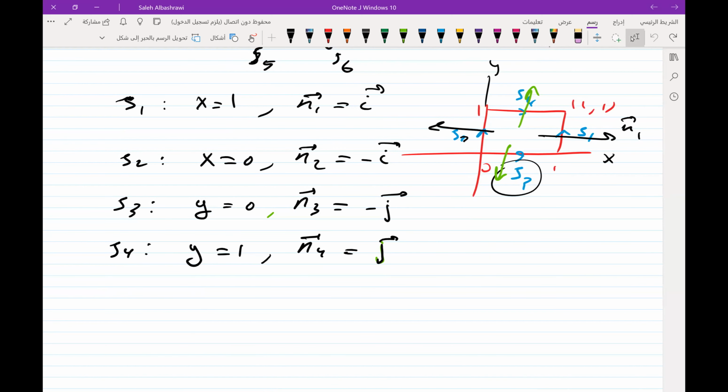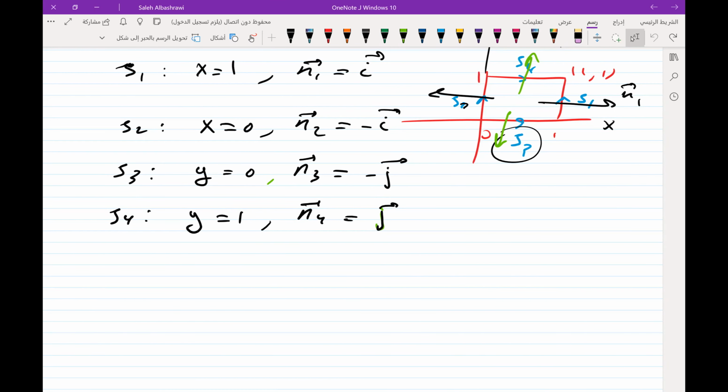If we are speaking about the unit cube, we have to add the z, so we'll have S5 and S6. S5 is when z equal to 0, which is the floor of the cube, and the normal vector goes down, which is minus k.